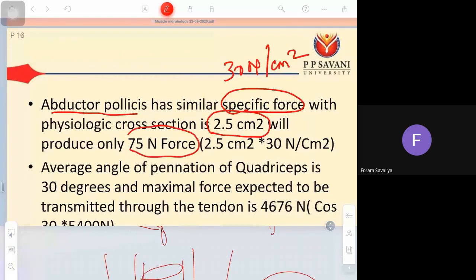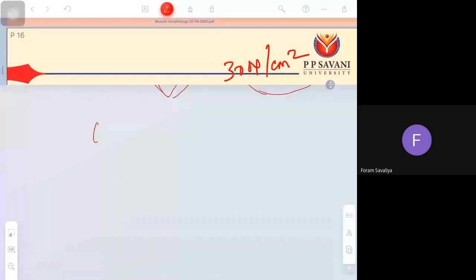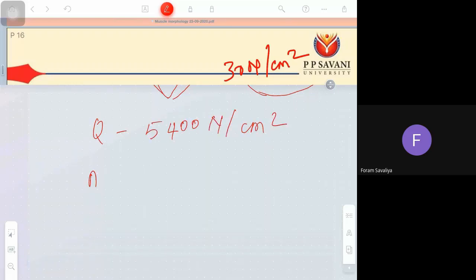How did you get this value? By multiplying 2.5 square centimeter into 30 Newton per square centimeter, you will get 75 Newton force. So the quadriceps muscle is producing 5,400 Newton, adductor pollicis is producing 75 Newton.